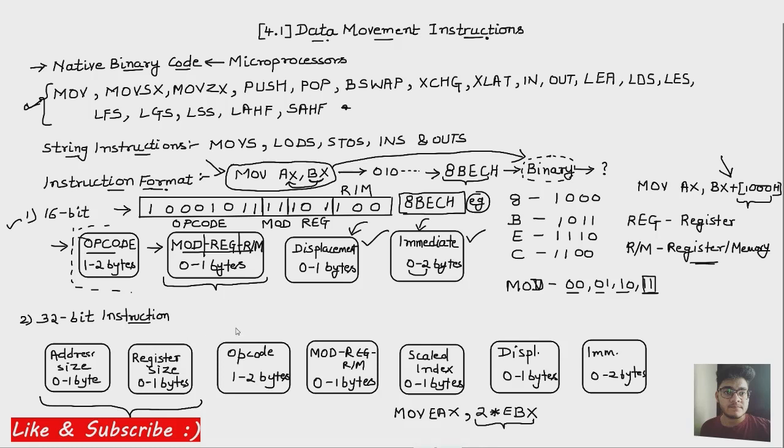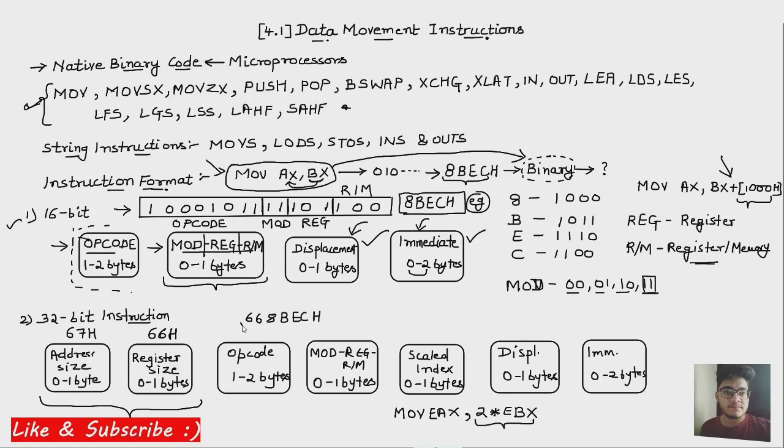So let me write an example of a 32-bit instruction. Basically, the register size always has a value of 66 in hexadecimal, and an address size has 67 in hexadecimal, right? So if we have any instruction that starts with 66 and then we have, let's say I write, then again I'm writing 8BECH, right, similar to this.